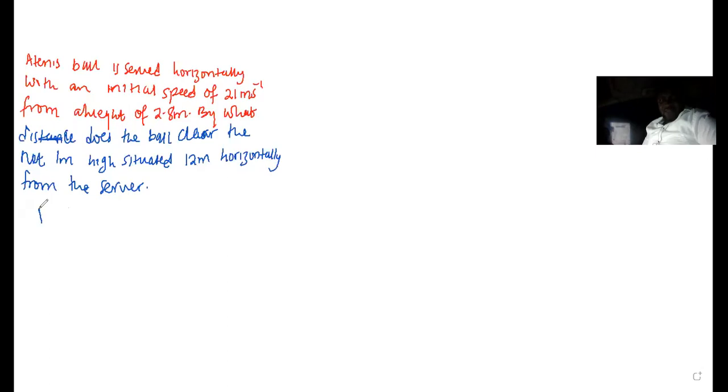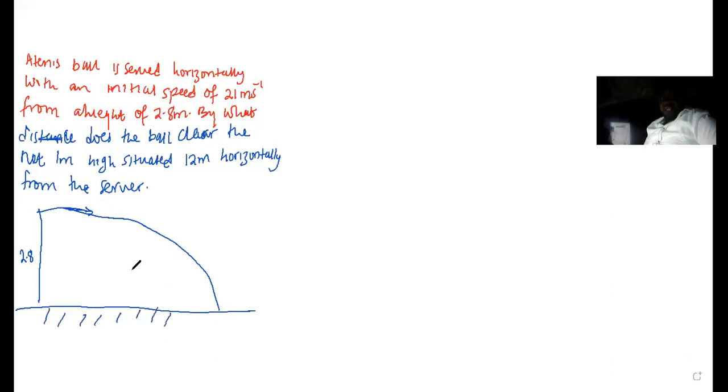Now, if I look at a serve of the ball, at a height of 2.8 meters, he serves this ball horizontally. Then this ball is going to travel like this to come to the ground. But as this ball is going, it is going to clear a net.